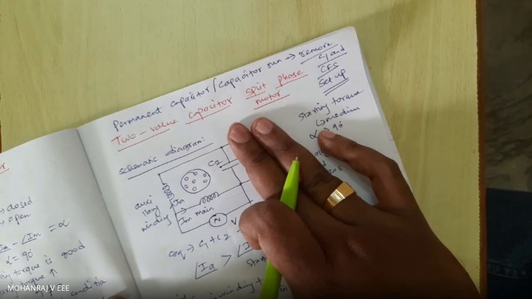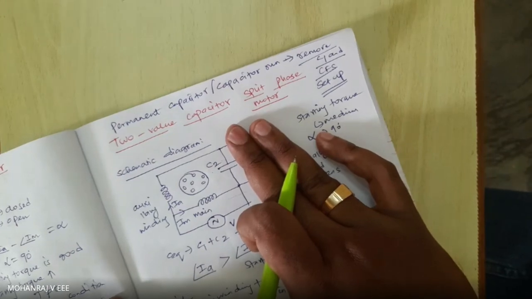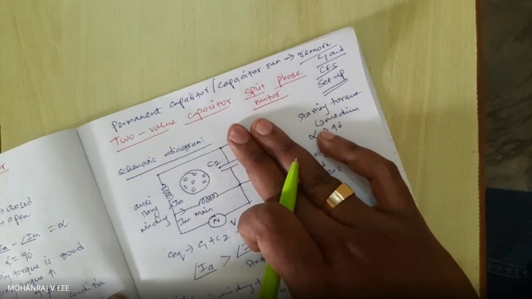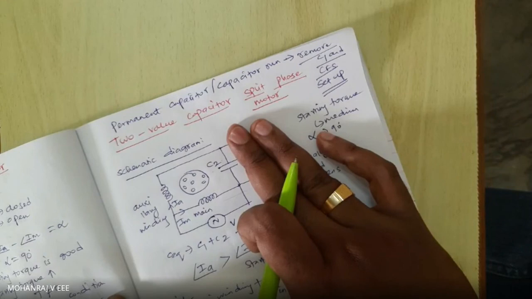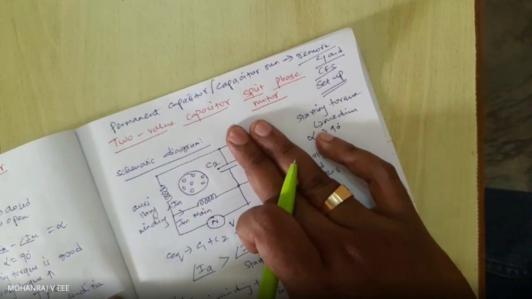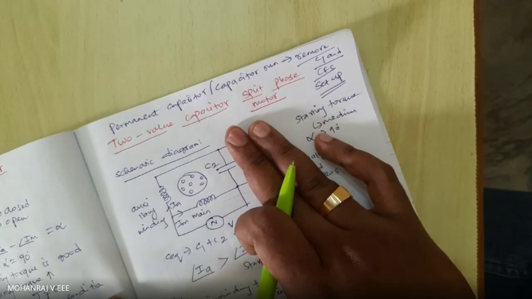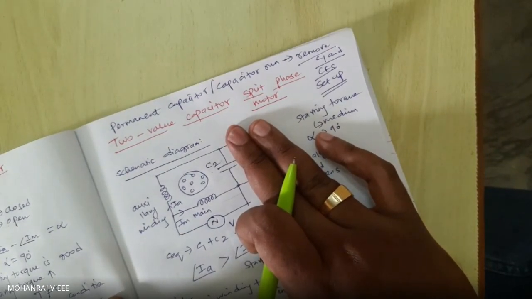And it is low cost because in two value we have C1 and C2, but in permanent capacitor we have only C2 with medium value capacitance. But what are the advantages of two value capacitor? It has very high starting torque. That is the advantage of my two value, and the power factor is also good for two value when compared with permanent capacitor split phase motor.